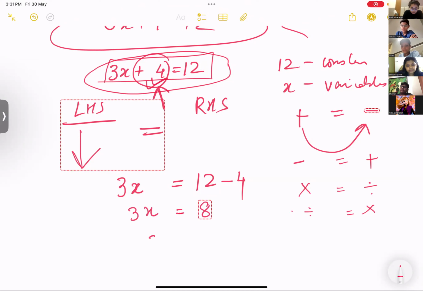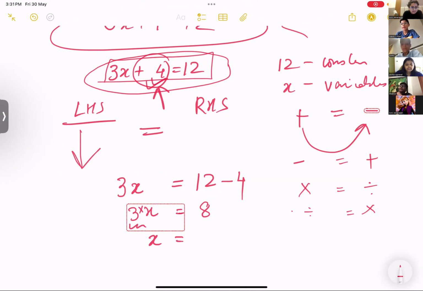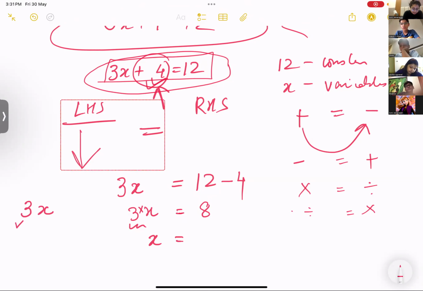Now I just want the value of x. Where will this 3 go? Here 3 is a multiplication, right? Daksh, do you understand how it is a multiplication? No, ma'am. Okay. If there is a constant and a variable, because if I write 2 numbers, this becomes 22. Can you see here?